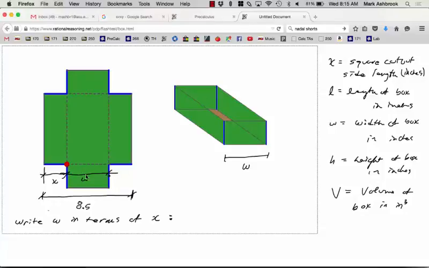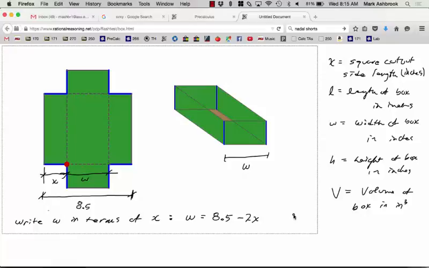Yes. And that will leave this width W. So W equals? What do you guys think? Agree with that? Yeah, good.